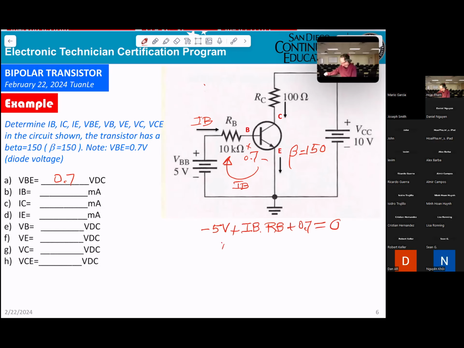So IB times RB equal 5 minus 0.7, equal 4.3 volts. And that will give you IB equal 4.3 divide RB, 10K.